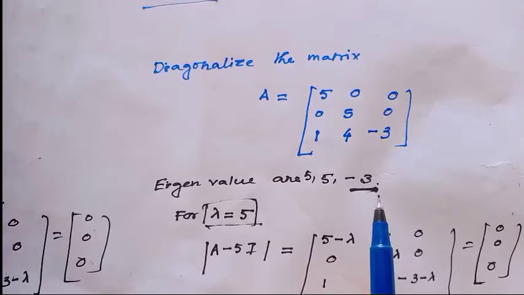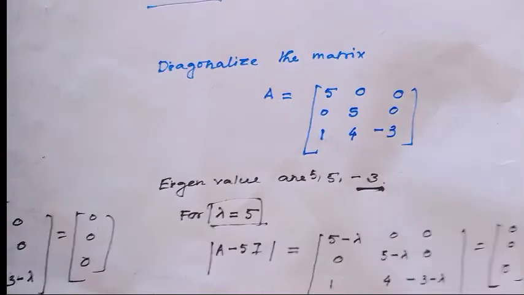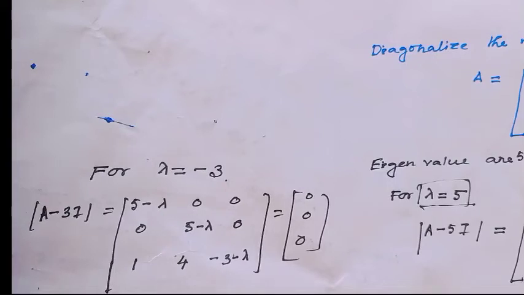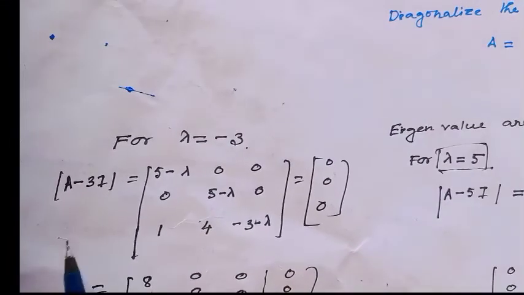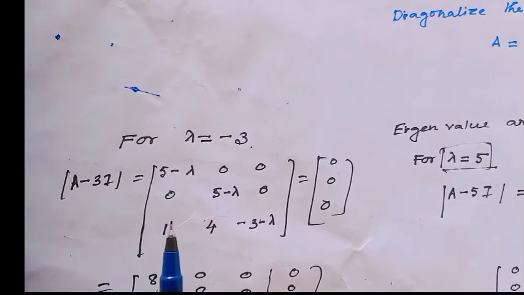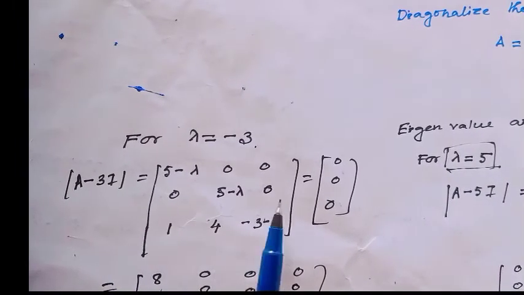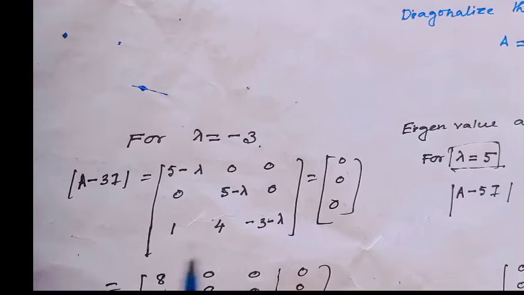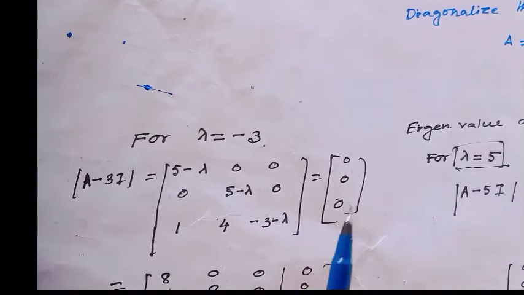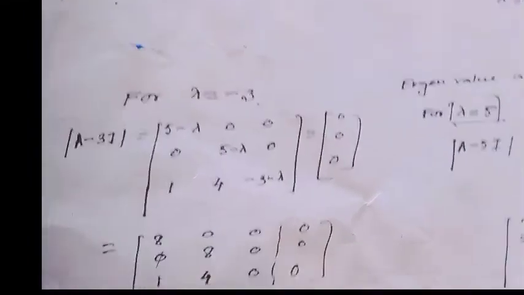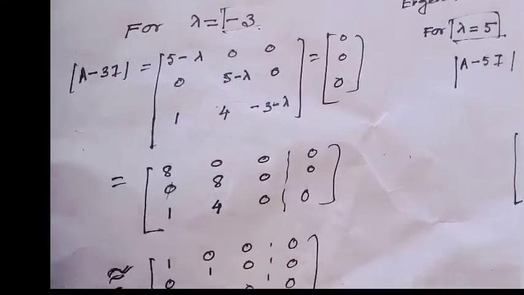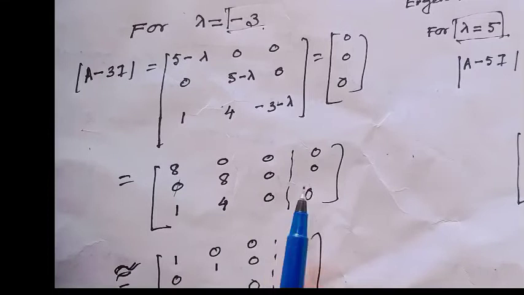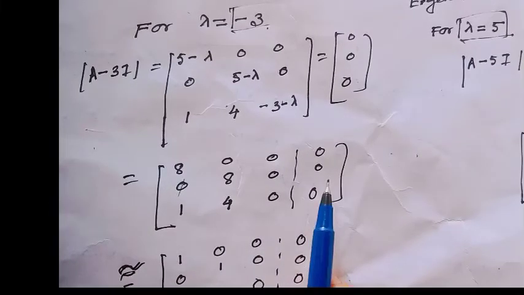Since the other eigenvalue is lambda equal to minus 3, for lambda equal to minus 3, A minus 3I would be 5 minus lambda, 0, 0; 0, 5 minus lambda, 0; 1, 4, minus 3 minus lambda, equal to 0 0 0. Now put the value lambda equal to minus 3, then this would be 8 0 0, 0 8 0, 1 4 0 equal to 0 0 0.